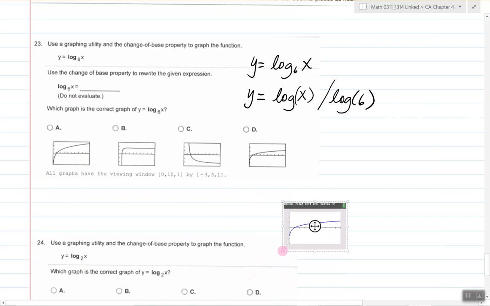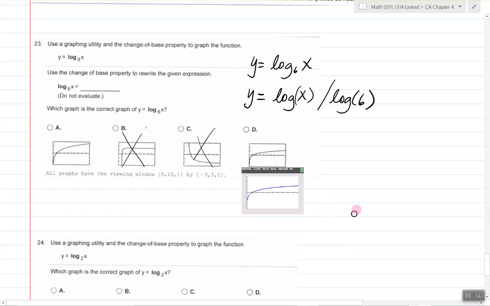All right, which one does it look most like? The shape, it's definitely not this and it's not this. The shapes are the same on these two, but this is not rising very quickly, and so here's my 1, 2, and 3's up there. It looks just like that one.